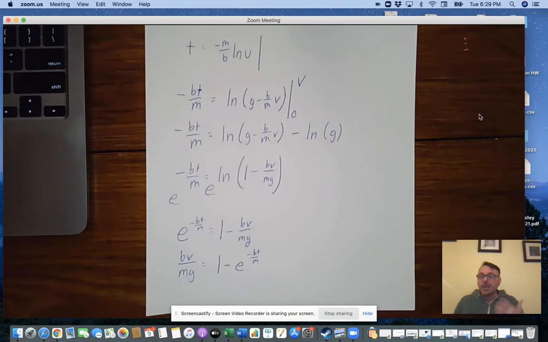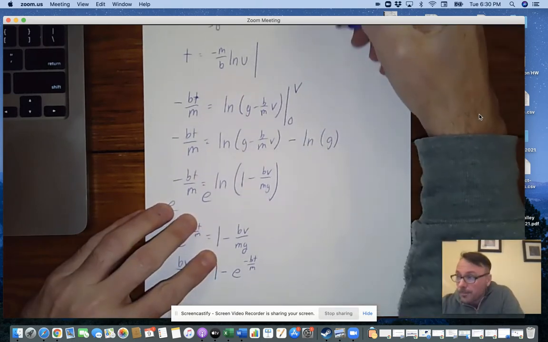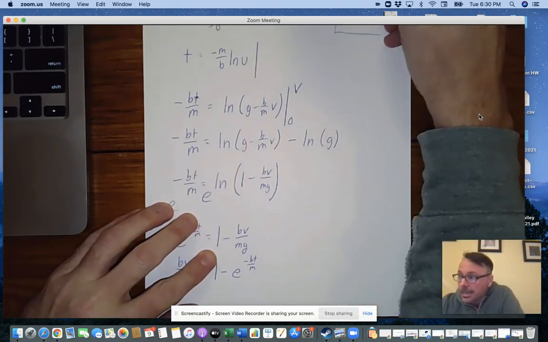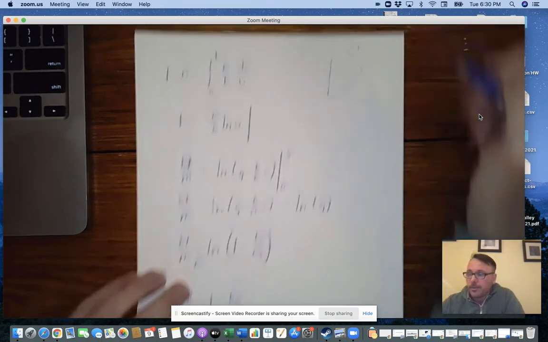Why is that a good thing? I told you back when we were talking about non-constant accelerations that the structures of e to the something t, e to the negative something t, and 1 minus e to the negative something t were structures that come up all the time and that you had to know the graphs of. So just to review, e to the something t has a shape like that.